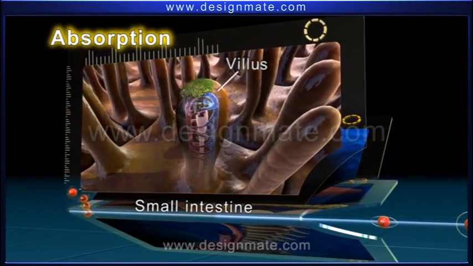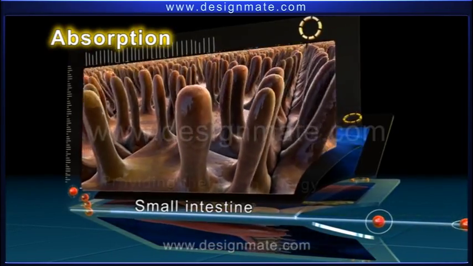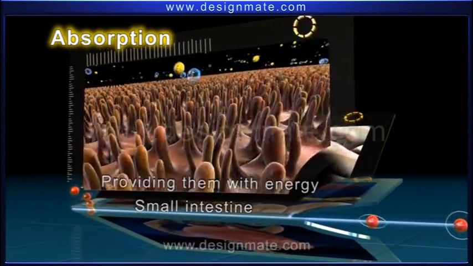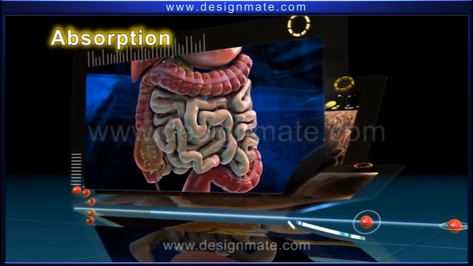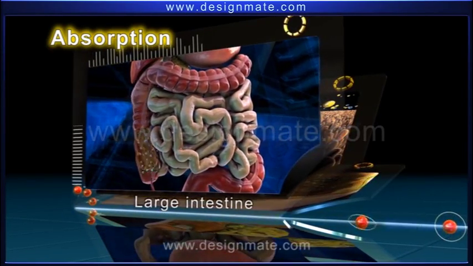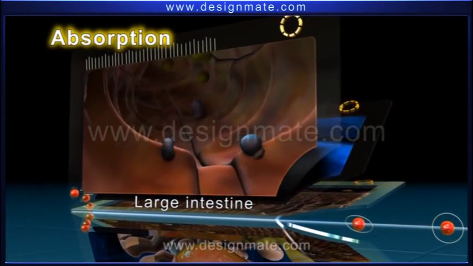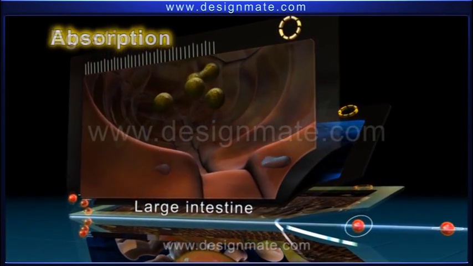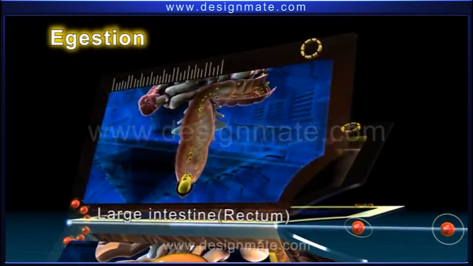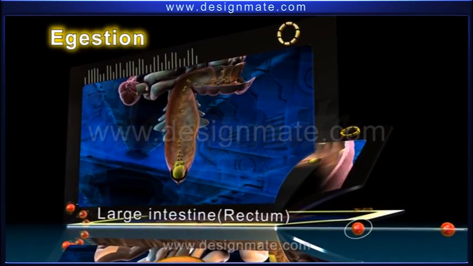This food is transported to the various parts of the body, providing them with energy. The undigested food and water molecules move into the large intestine, where the water molecules are absorbed by the intestinal walls, and the undigested food is collected in the rectum and finally excreted.